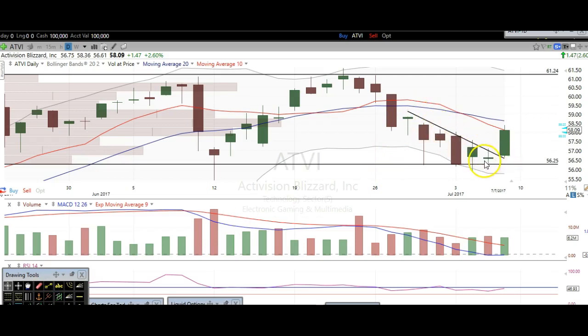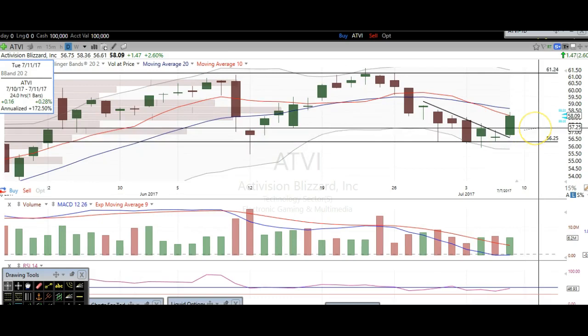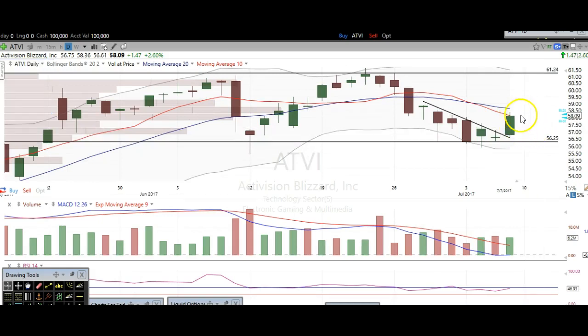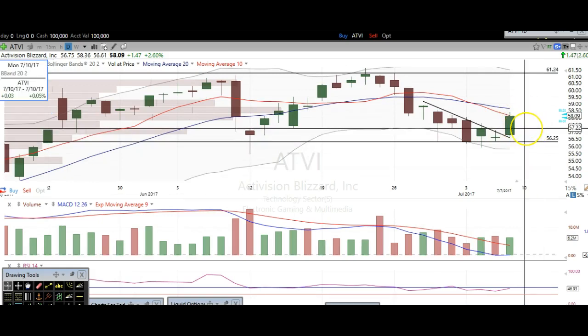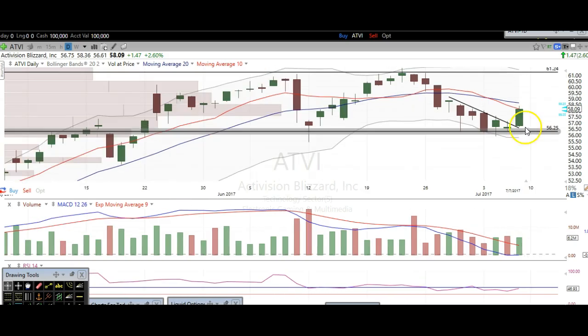We broke this little downtrend right there, broke the near-term highs. So in my opinion, most likely we're going to retrace this move in the short term down to that $57 level. If we get a touch of 57, it's probably a buy zone, and we can expect some higher prices in the near term.